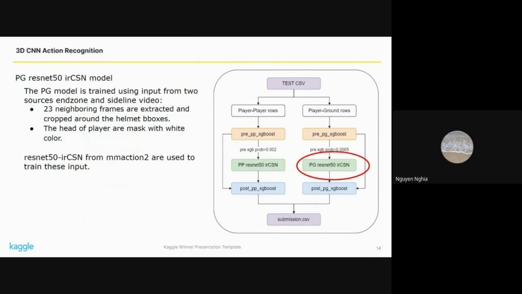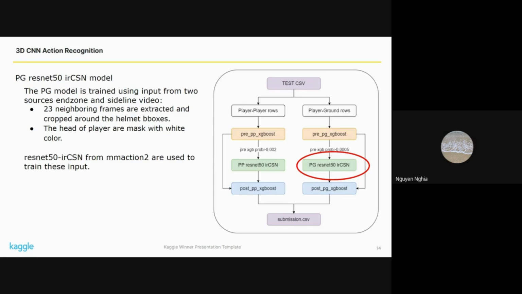And next is the player with ground contact. For this model, I use the same model as the player-to-player contact. The difference is I only use the end zone and sideline stacked together, and I don't use the tracking metadata because it didn't improve my cross validation score.